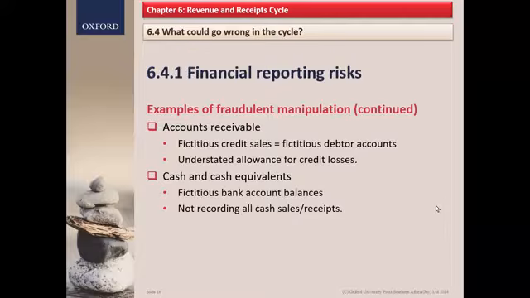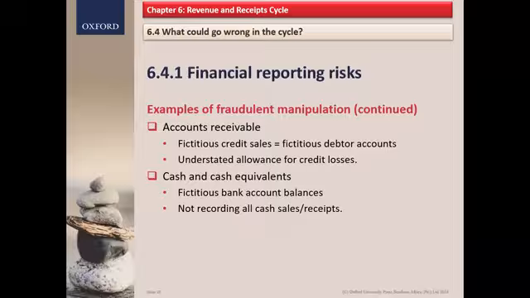Right, let us look at 16.4.1, continuing, looking at the example of fraudulent manipulation concerning accounts receivable. We find that there will be fictitious credit sales or fictitious debtors, and also understated allowance for credit losses.